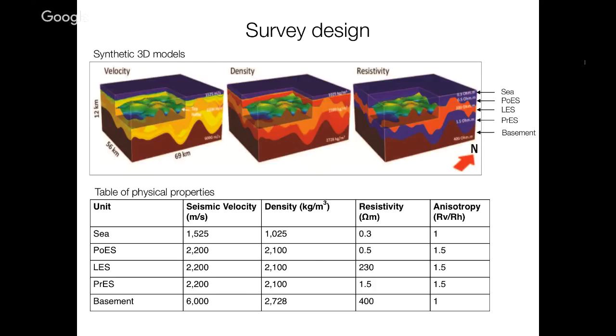The post and pre are about 0.5 and 1.5, and the basement is 400. Each sediment layer has some anisotropy values. I think the target for the EM and MT survey is the LAS and the basement. You're going to distinguish them from other sediment layers.